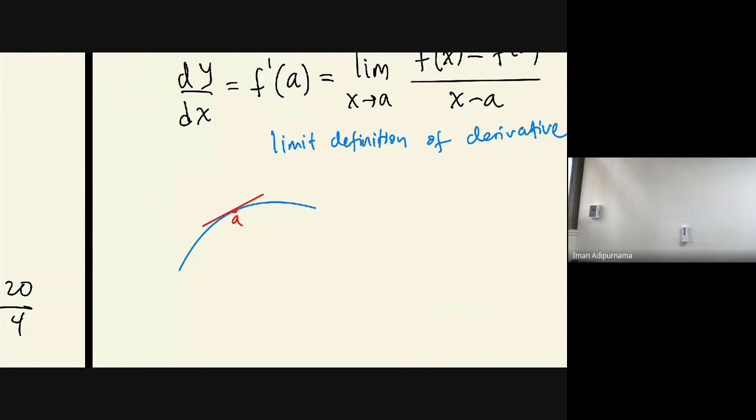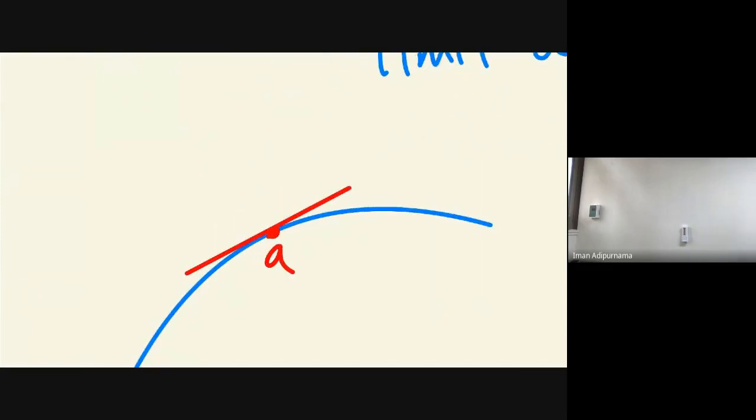Okay, better. This is my tangent. Now, if you look closely, we're zooming in. This curve, of course, is a curve, right? But this red line is a straight line.